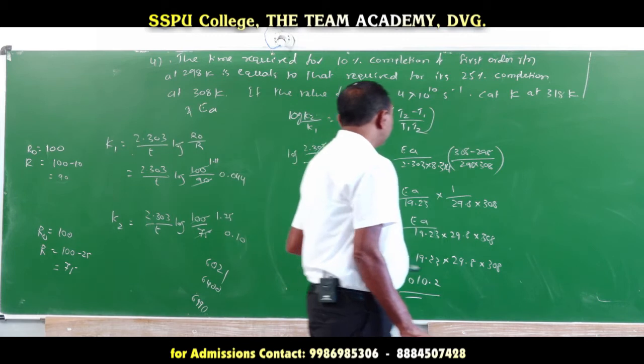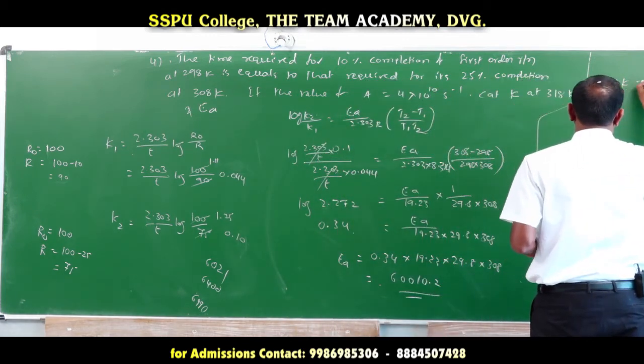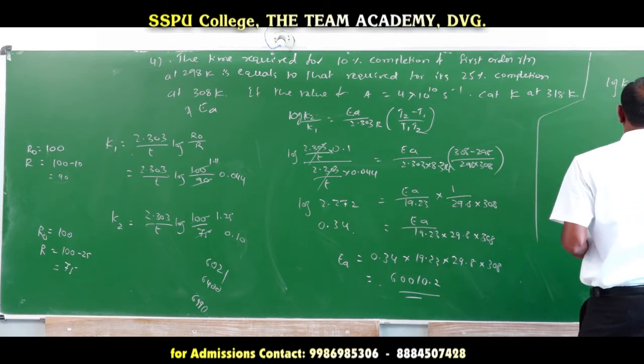So we know that we can calculate log K is equal to log A minus A by 2.303 RT.